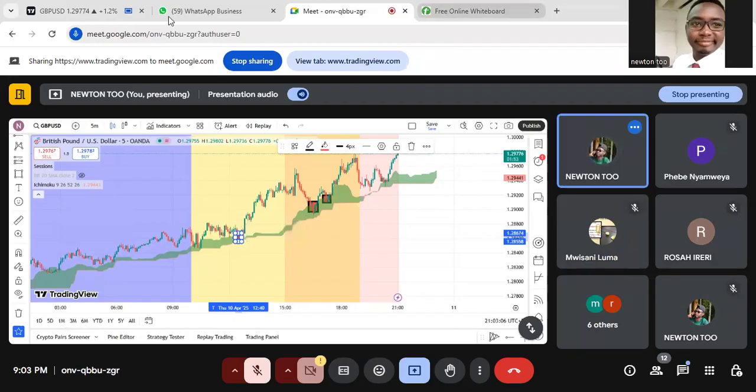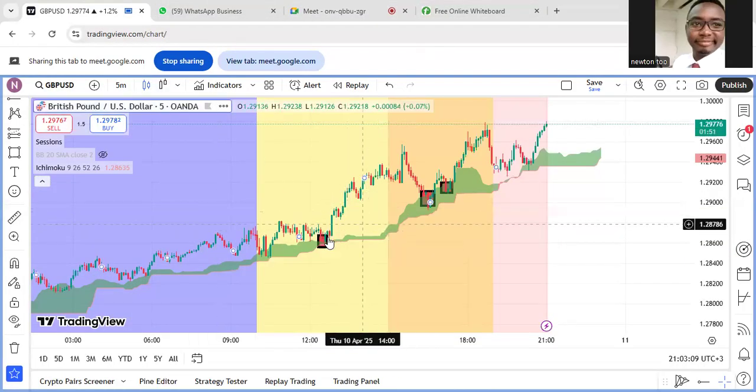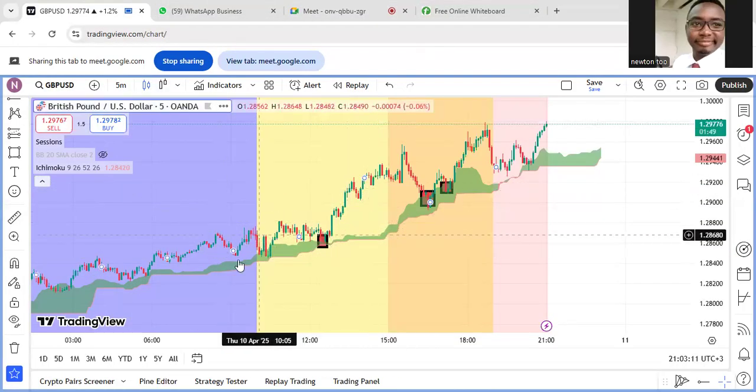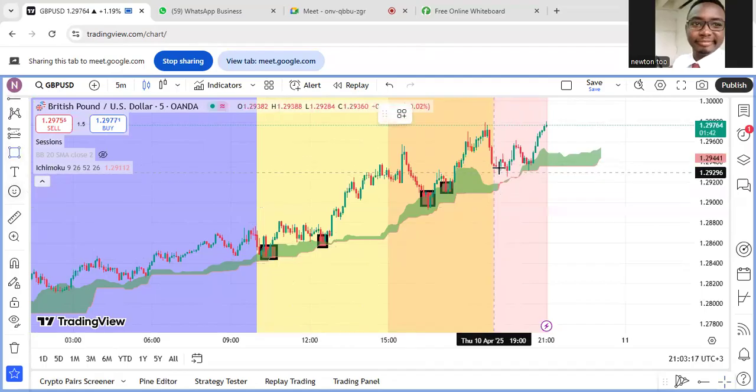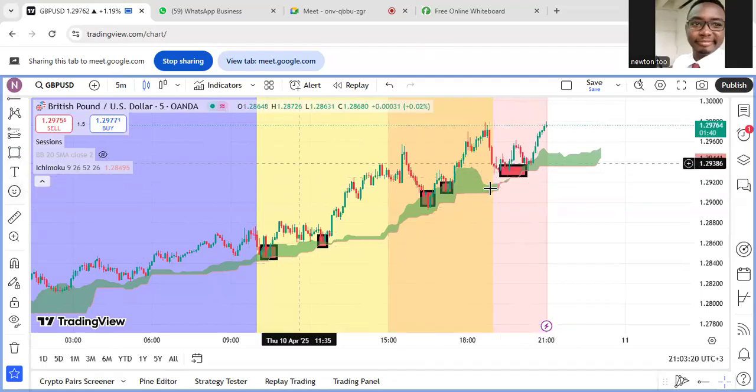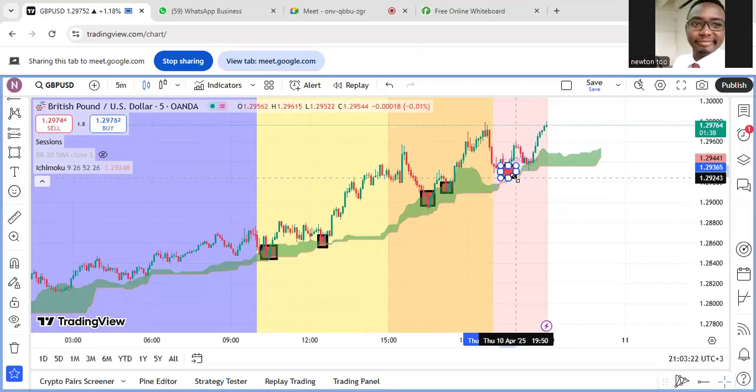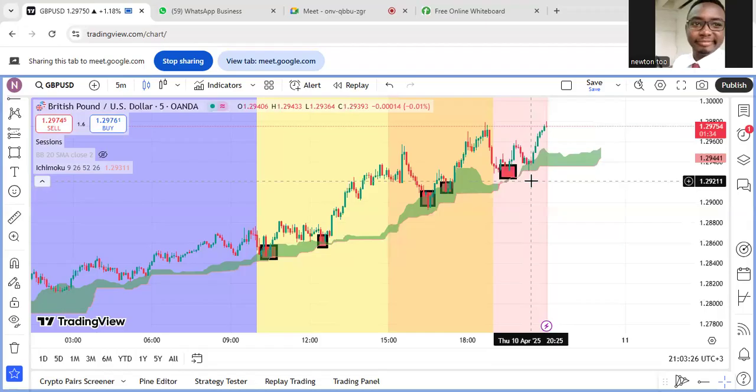So today we had this one, the market bouncing off the Ichimoku. We had this entry, and also this one. When you have Ichimoku on your platform, it acts like a trend line on your chart.